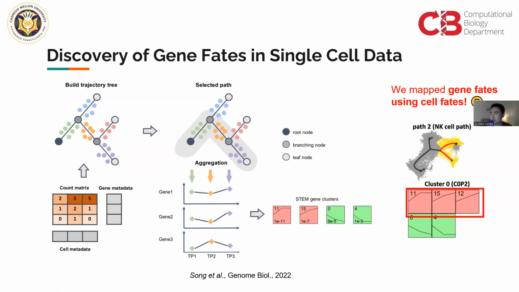Based on the success of the STEM algorithm, we can apply it to single cell data and cluster the genes. The STEM algorithm works by pre-generating gene profiles, then assigning the gene expression patterns to the pre-generated profiles by calculating the distances between the genes and the profiles.